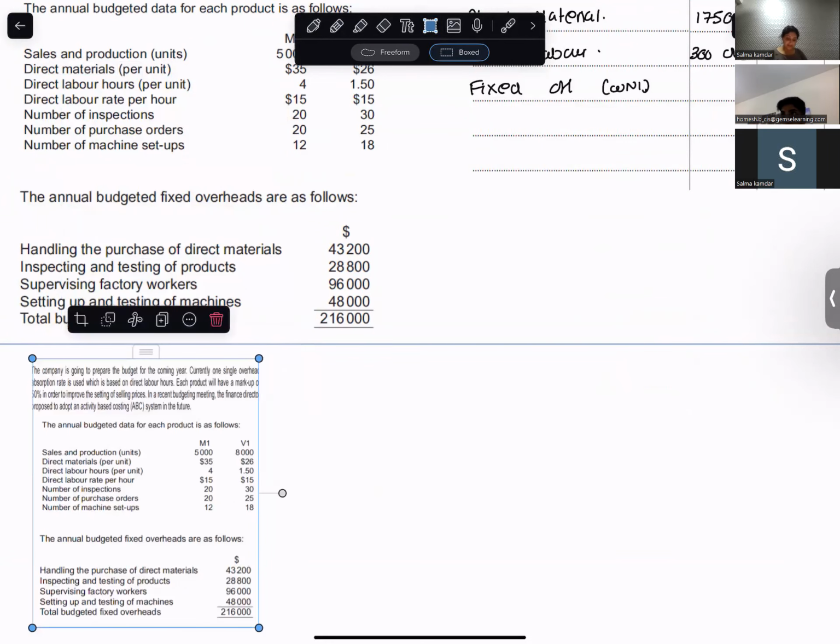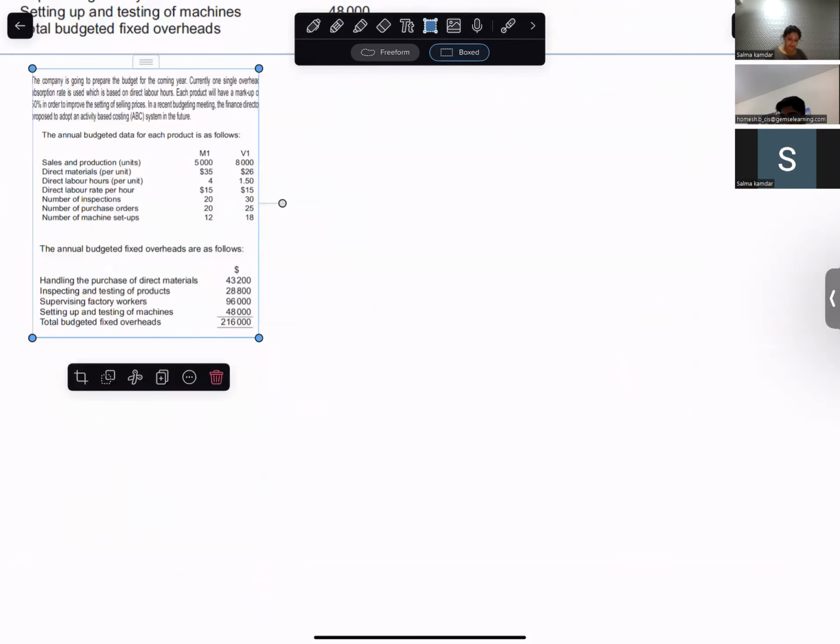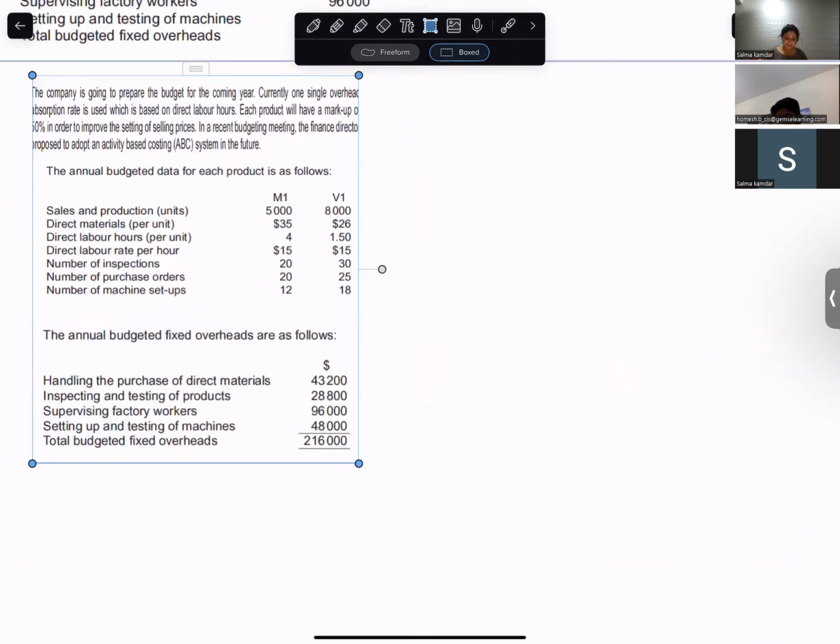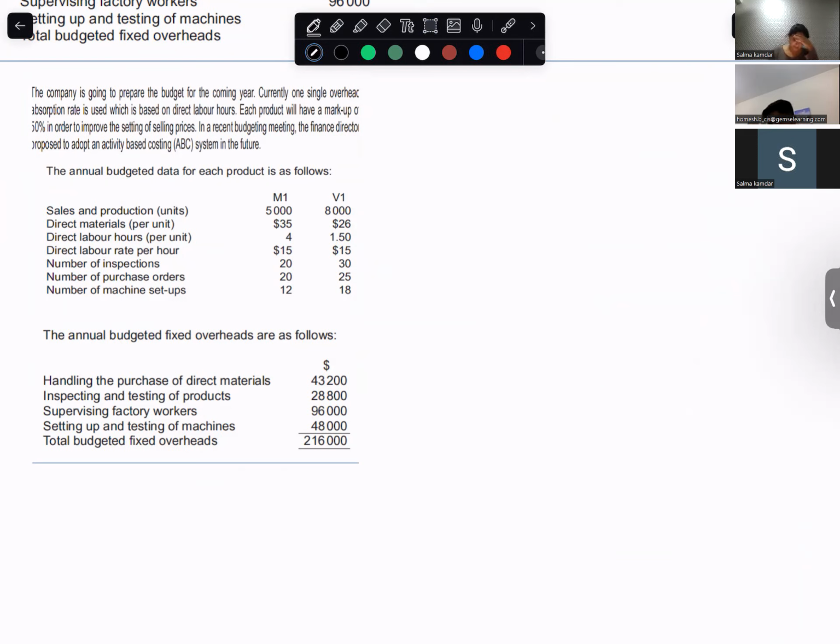You will need support in fixed overheads and you want ABC costing. ABC costing uses separate costs for each activity of the business, so you will have a separate overhead rate for each activity.